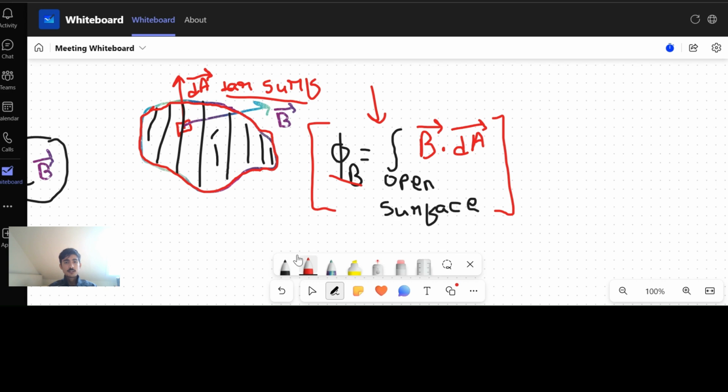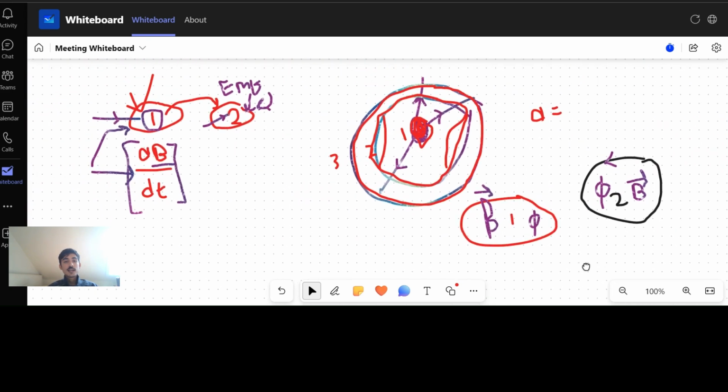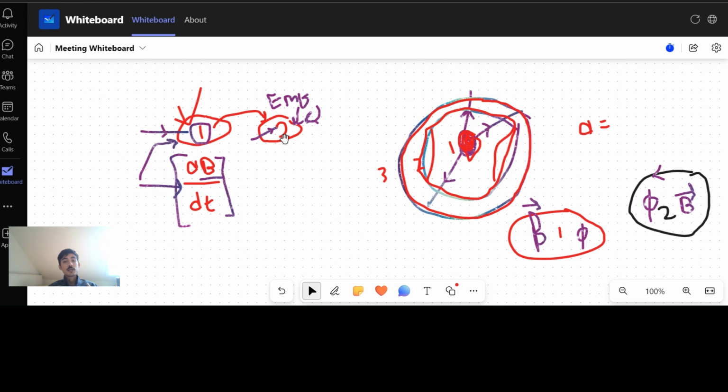Why are we worried about the area of loop 1 or loop 2? Because the current is induced in loop 2. That is why we are associated with the flux change in loop 2.